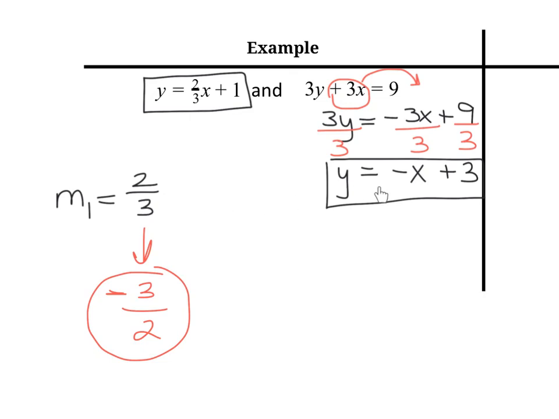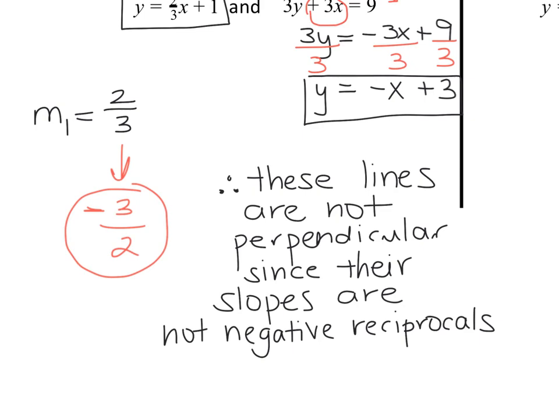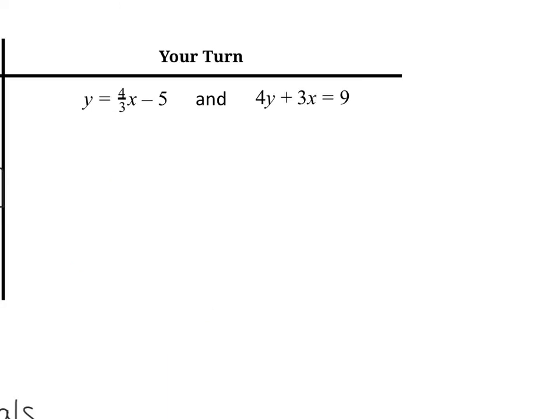So these two slopes, 2/3 and -1, they are not negative reciprocals. So because they are not negative reciprocals, these two lines are not perpendicular. So we can write a concluding statement and say that these lines are not perpendicular since their slopes are not negative reciprocals.